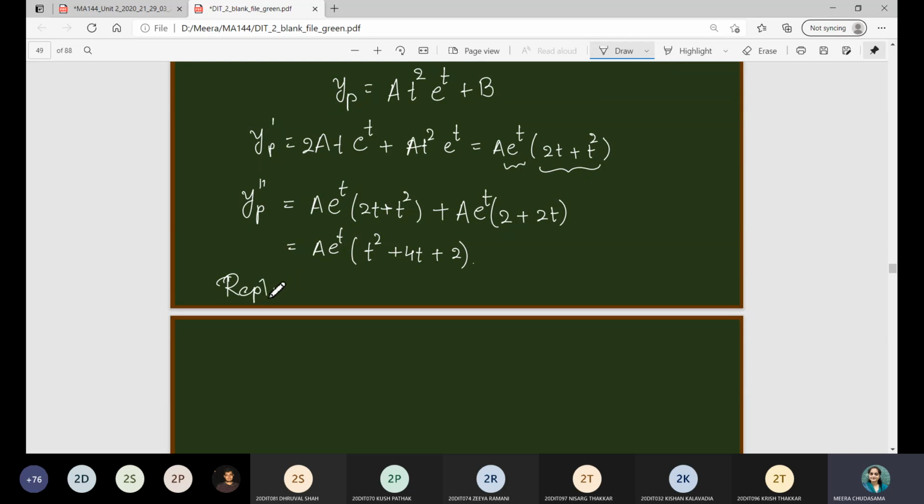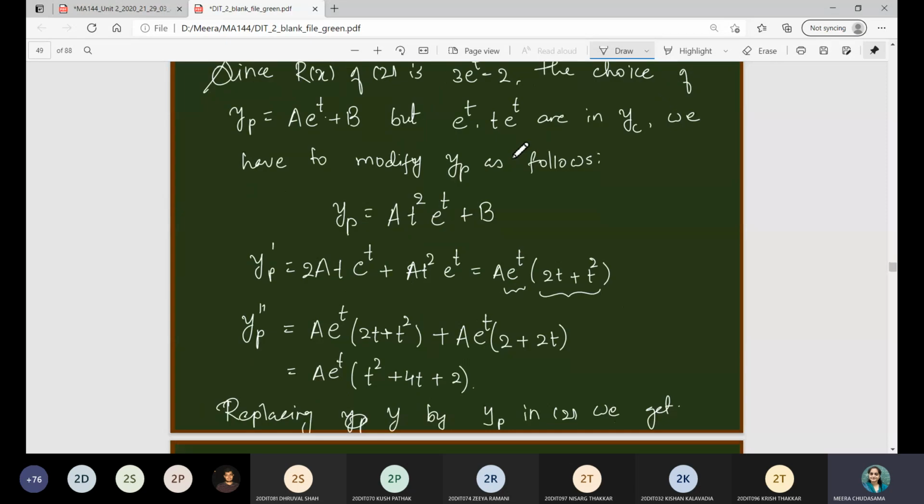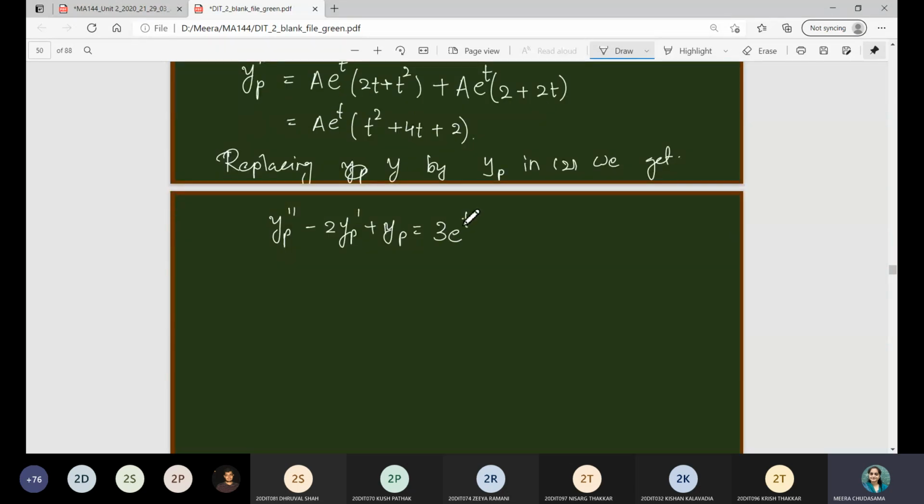What will we have? Replacing y by yp in 2, we get yp double dash minus 2 yp dash plus 1 into yp is equal to, what was the right side part, 3 e raised to t minus 2. So one by one, let us substitute the values.